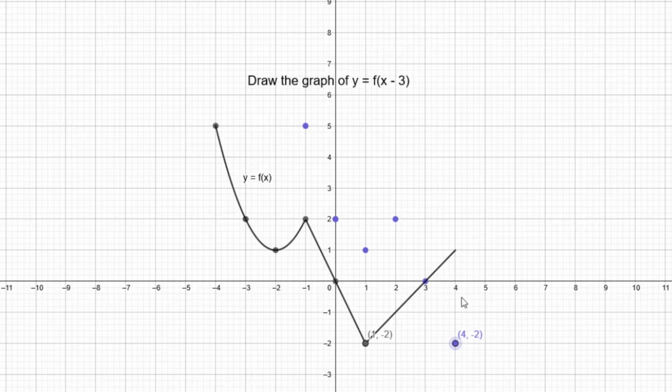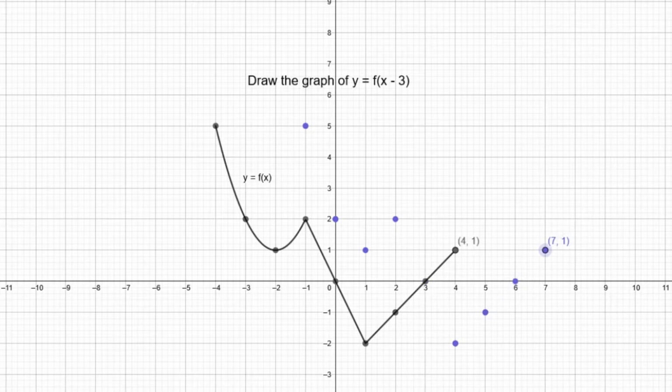But we don't have to stop here, because if I want to know what point on the new curve I should plot above x equals 5, I'd have to find what f of 5 minus 3 is. That's f of 2. Oh, there is a value. Look, it's a y of -1. So when I have an x of 5, the point on the new curve will be (5, -1). And I can continue this also to an x of 6 and an x of 7.